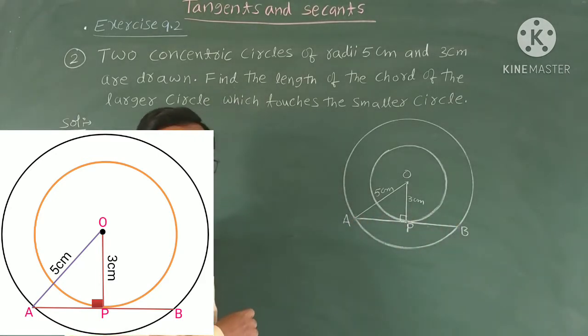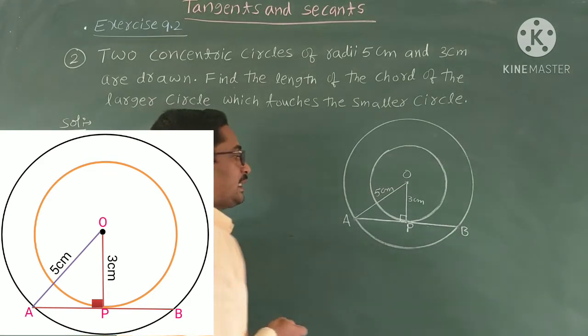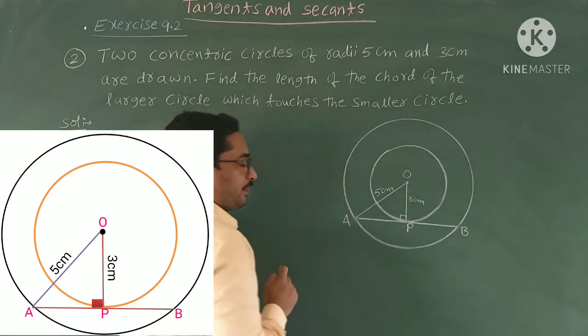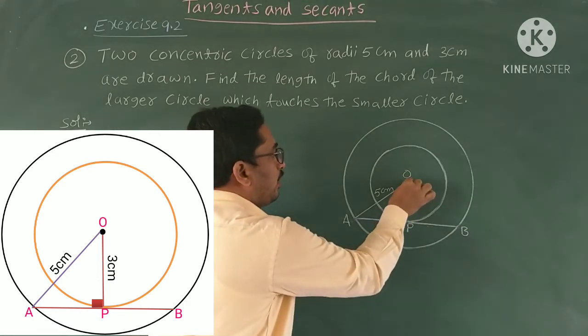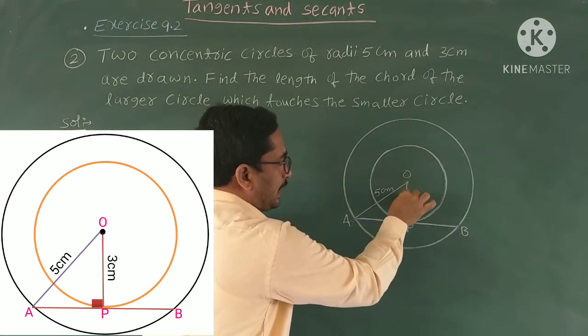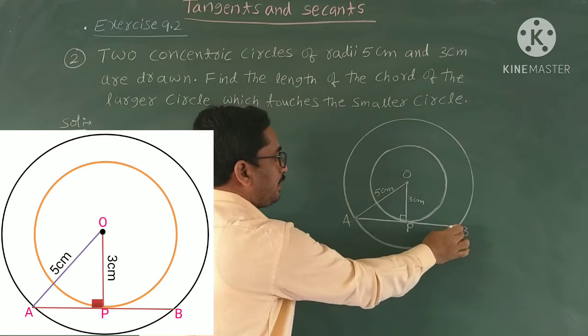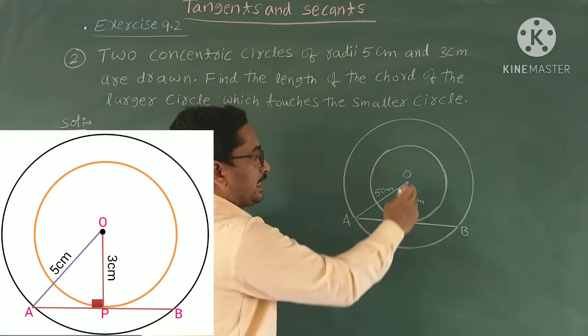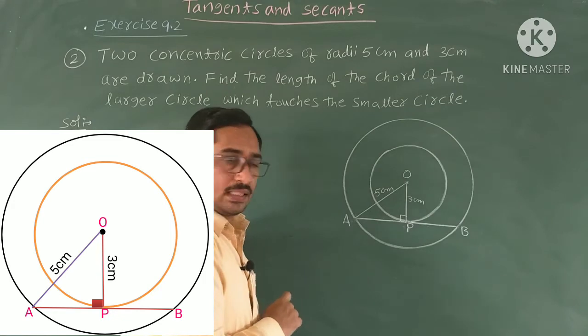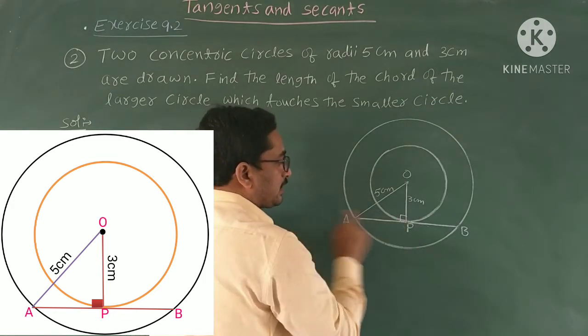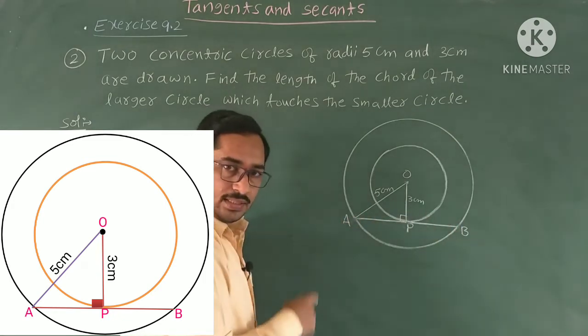How to find the length of the chord AB? What is the relation between AP and PB? OP is a perpendicular bisector of AB. Perpendicular bisector means the distance A to P and P to B are the same.